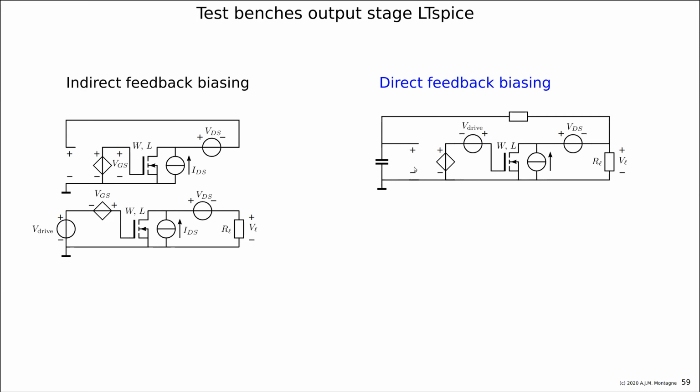Of course, you cannot put a nuller there. If you put a nuller there, then whatever the voltage is, it will nullify the difference. So then for all frequencies, you have no signal left. So this is a solution that you can also use.